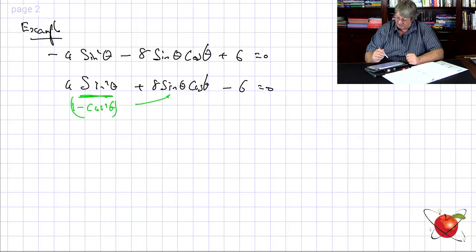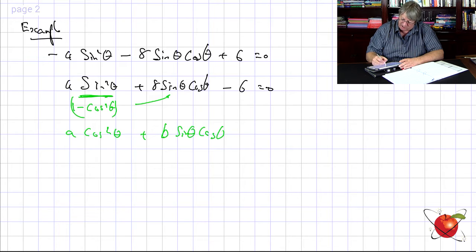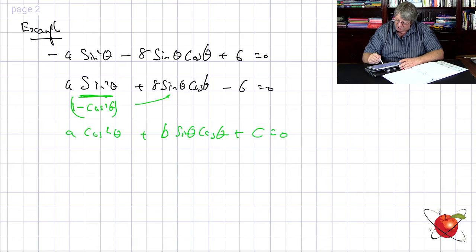Okay. Similarly, if we had a cos squared theta plus b sine theta cos theta plus c, can you see if we did a replacement here of a times 1 minus sine squared theta, that's great. There's the sine and the sine, but guess what?